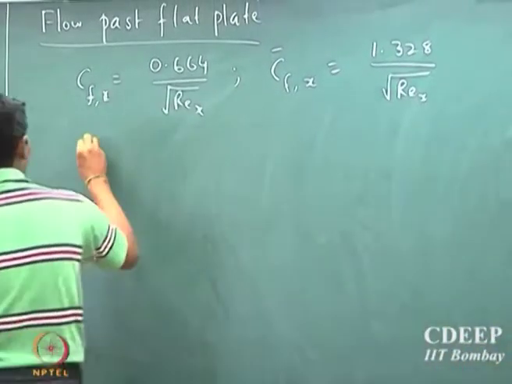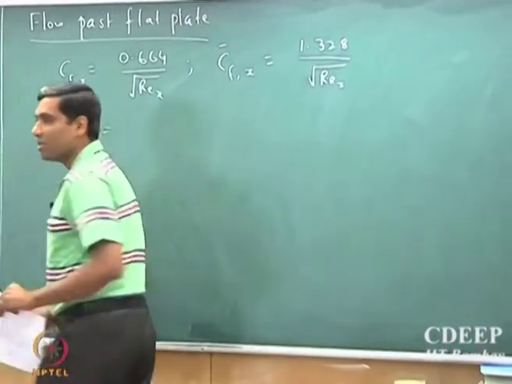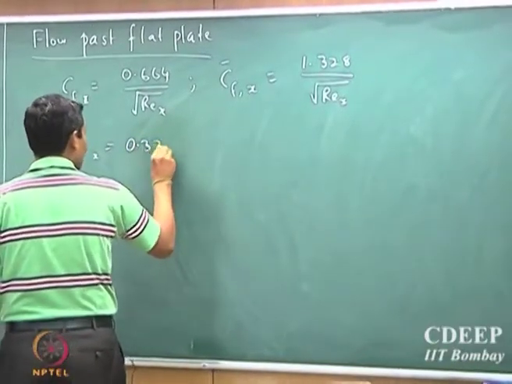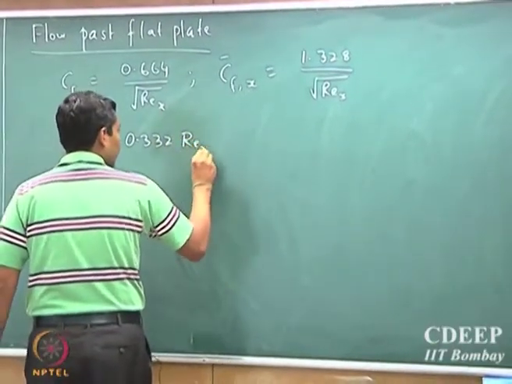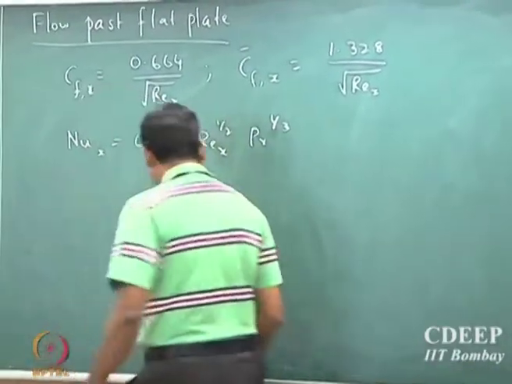And similarly we said that the Nusselt number, the local Nusselt number is given by 0.332 Reynolds number to the power of 1 by 2 and Prandtl to the power of 1 by 3.